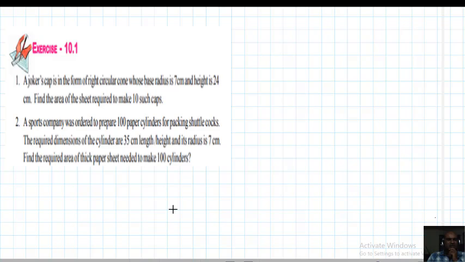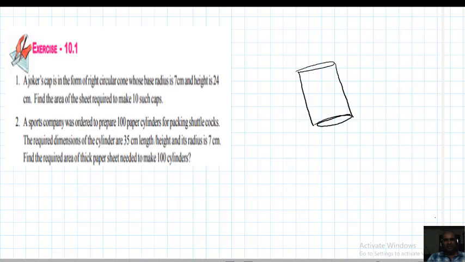Find the required area of thick paper sheet needed to make 100 cylinders. But here the difficulty is what type of cylinders you want, closed or opened is not clearly mentioned.